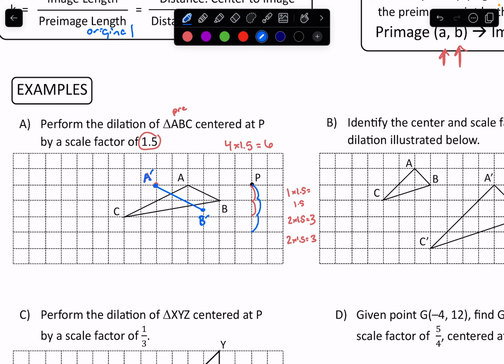And then over, let's see, C goes 1, 2, 3, 4, 5, 6, 7, 8. So to figure out C prime, I've got to take 8 times 1.5, and that gives me 12. So I need to go over 1, 2, 3, 4, 5, 6, 7, 8, 9, 10, 11, 12, and that's going to give me my new point C prime.